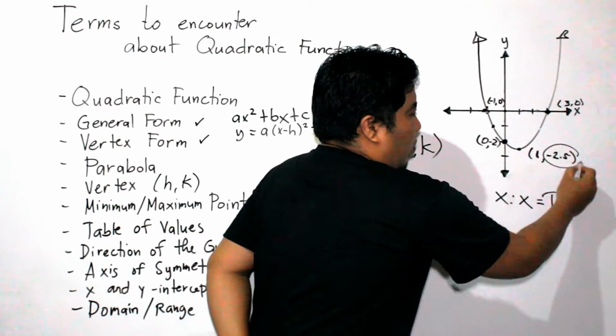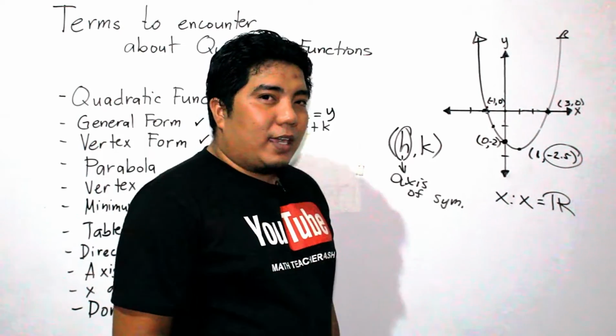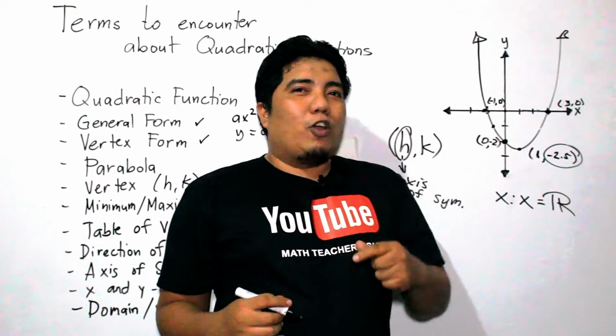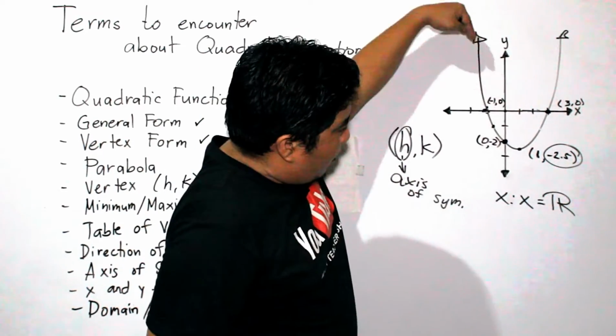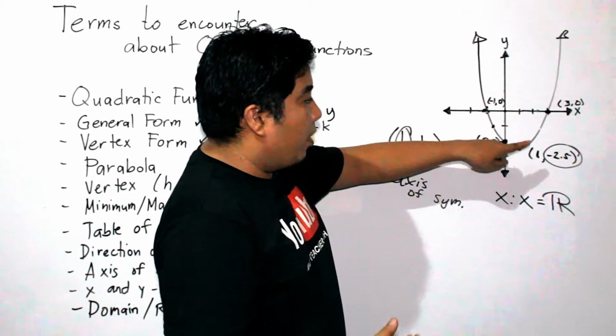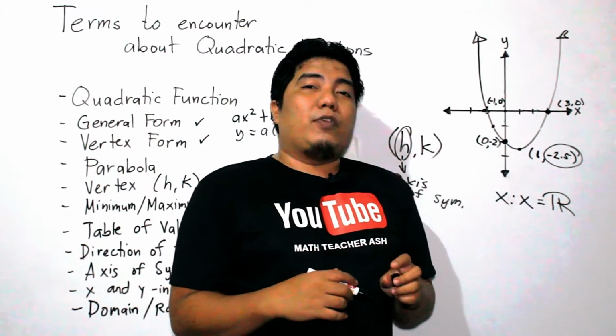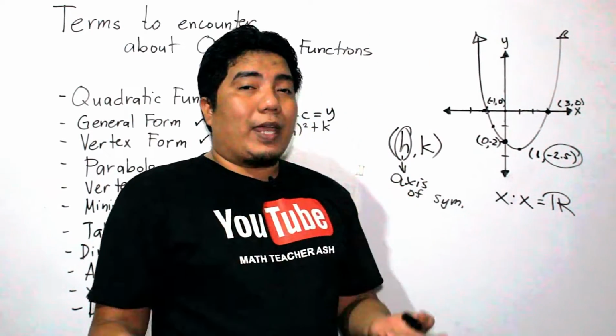Now, this k, which is h and k, that k is the boundary of your graph. So, since this opens upward, from here going upward, that is the boundary of your range. So, how do we write this one?